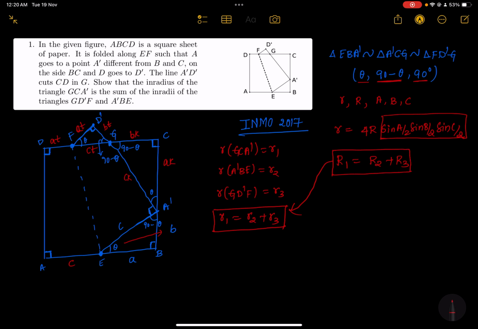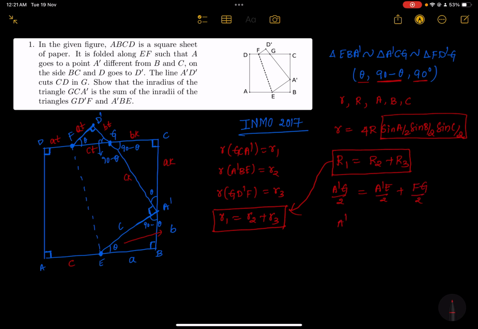Since all the triangles under consideration are right angle triangles, the circumradius will be half of the hypotenuse. So R1 will be A dash G by 2, which equals R2, A dash E by 2, plus R3, FG by 2.